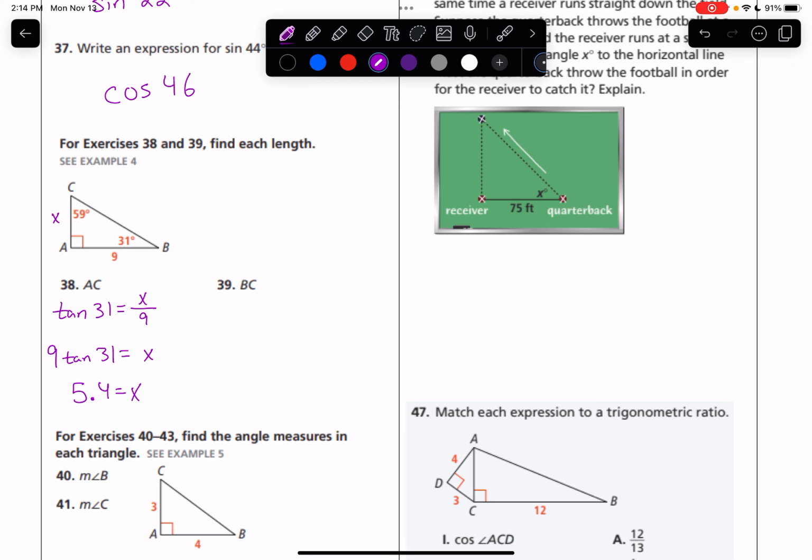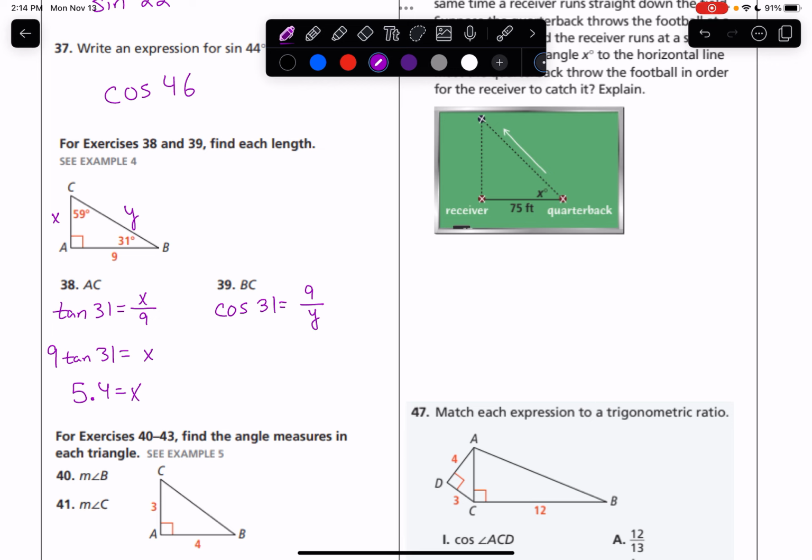For BC, if I wanted to find this one out, there are a few ways to do it. If I still imagine myself standing on B, BC is going to be the hypotenuse. When I look for what I know in my triangle, I know the adjacent side. So I think, what is adjacent over hypotenuse? That's cosine. So I can write the equation, the cosine of 31 equals adjacent, 9, over the hypotenuse y. I don't know that hypotenuse yet. So then I can solve this equation.